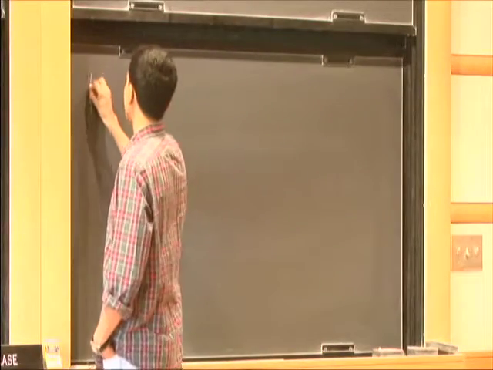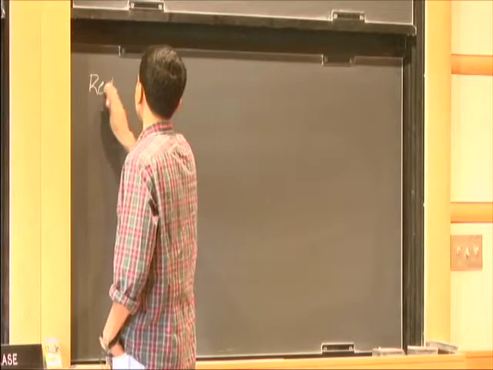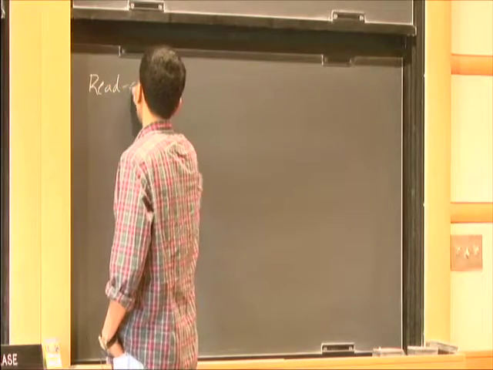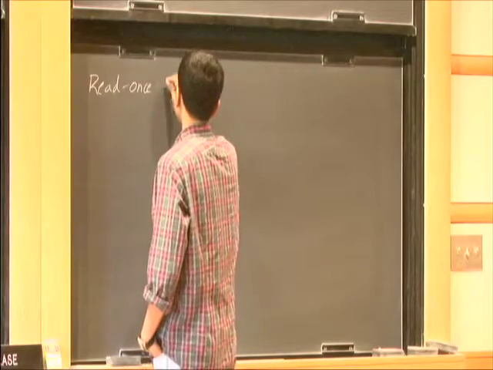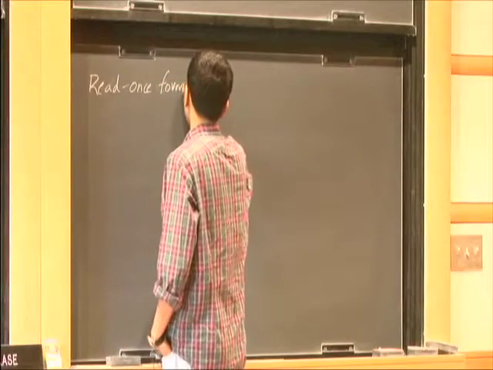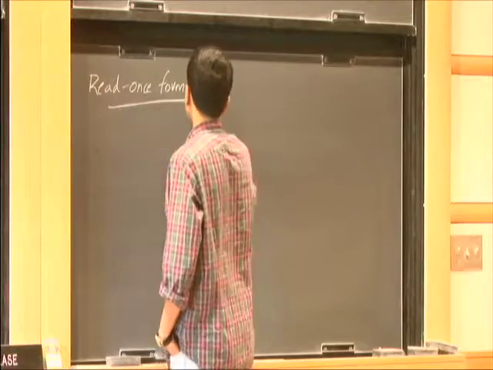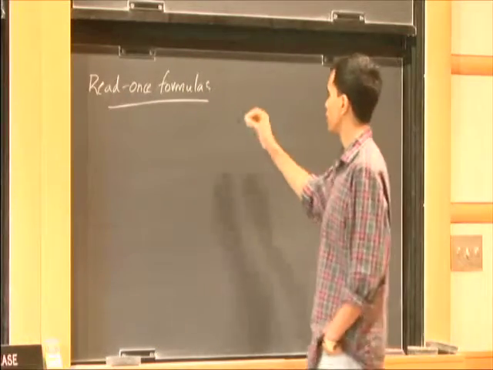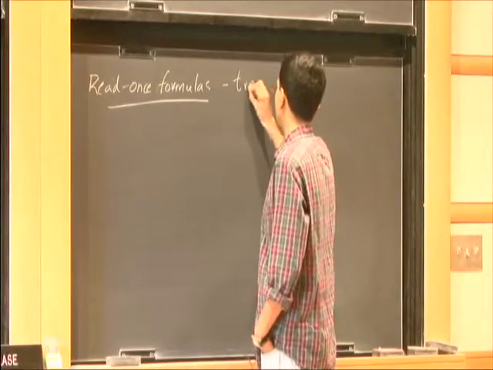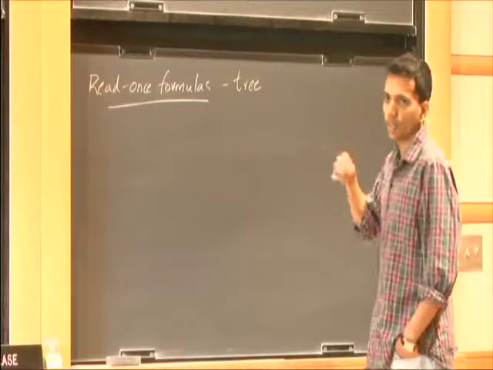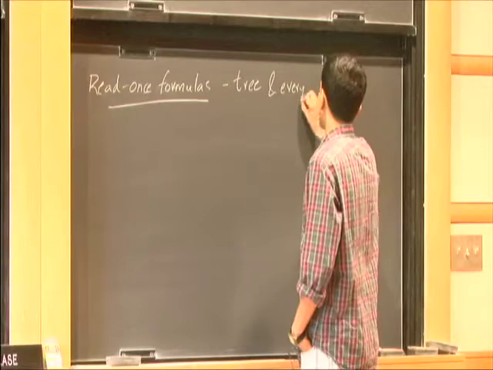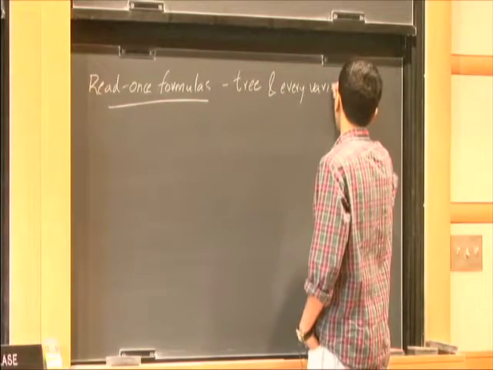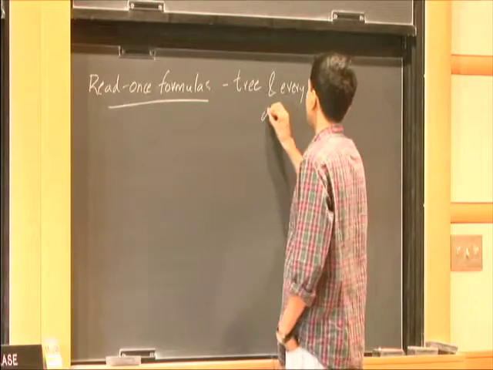We restrict ourselves to very special kinds of circuits, read once circuits. I really shouldn't call them circuits, they are really formulas, read once formulas. Here the circuit is restricted to a tree. So the fan out of every node is 1, and every variable appears at most once.